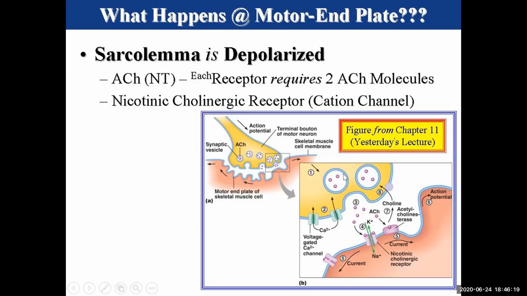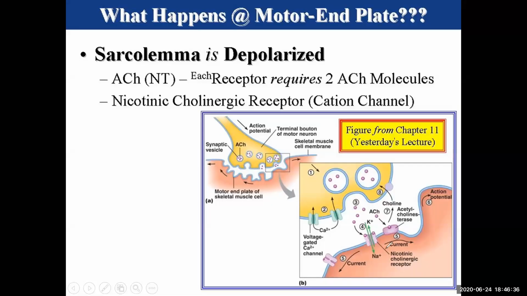Calcium gets in, inducing the vesicles containing the ACH neurotransmitter to fuse with the membrane of the axon terminal, emptying their content into the neuromuscular junction. ACH binds to the nicotinic cholinergic receptor, which is an ion channel, allowing sodium influx, allowing calcium influx, and allowing potassium efflux.